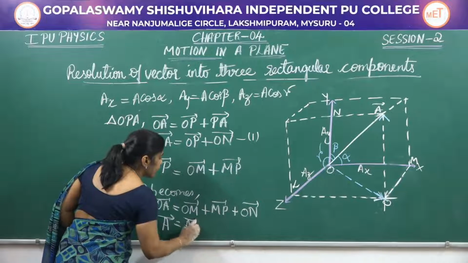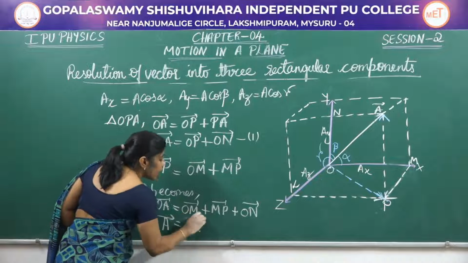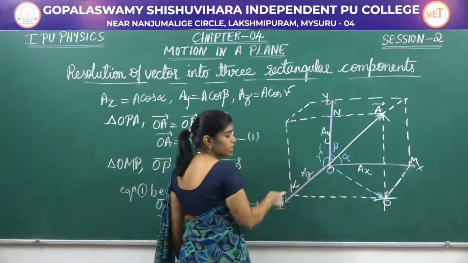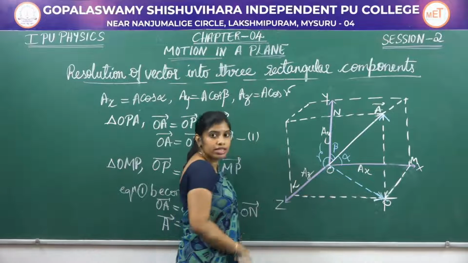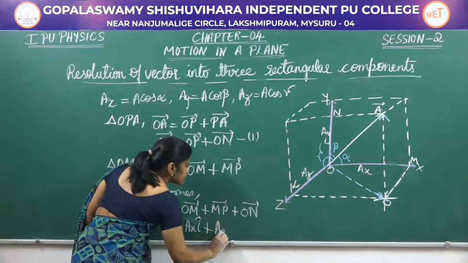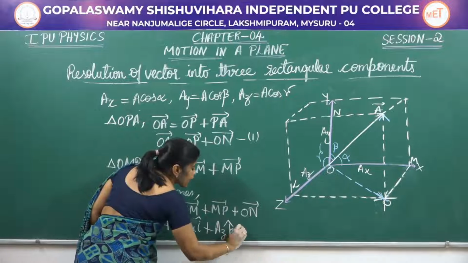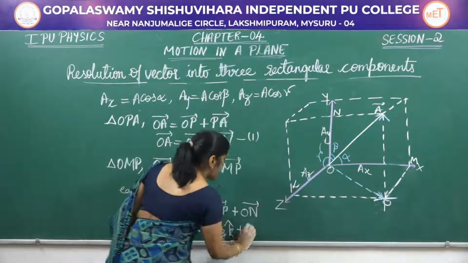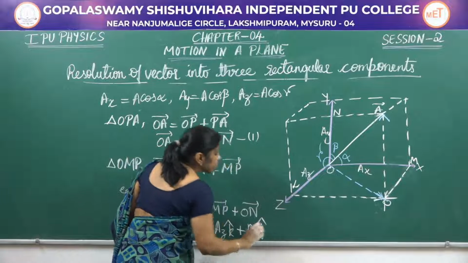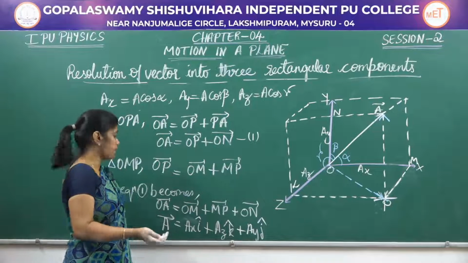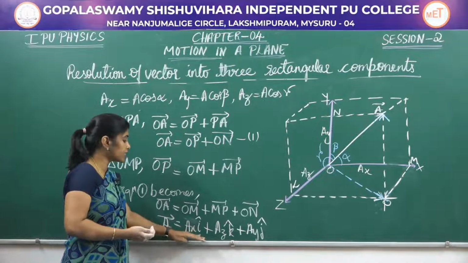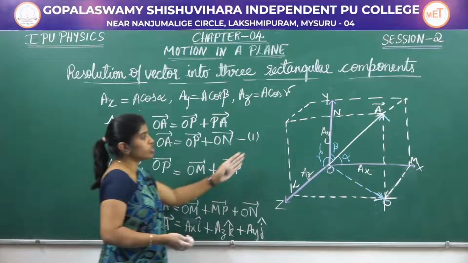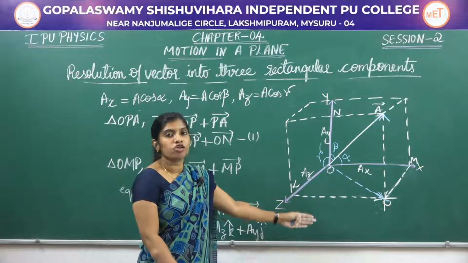Therefore, this is Ax, or I can write this as Ax i cap because it is along the x-axis. Plus, what is MP? MP can also be written as Az. It is parallel to this side. Therefore, this is Az, which is along k cap. Plus, what is ON? ON is nothing but Ay, multiplied with j cap. Therefore, vector A is Ax i cap plus Ay j cap plus Az k cap, which is what we get using these rectangular components.